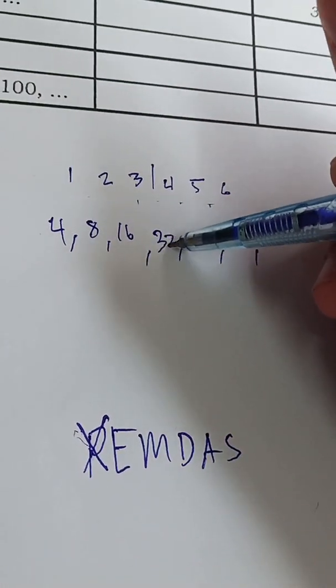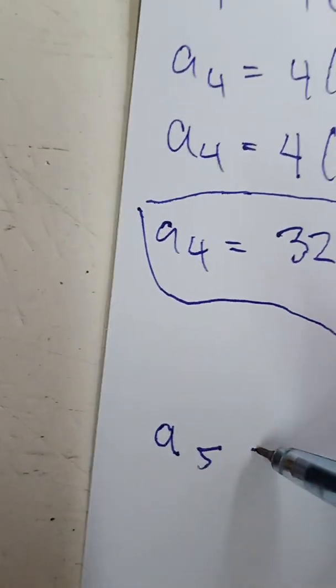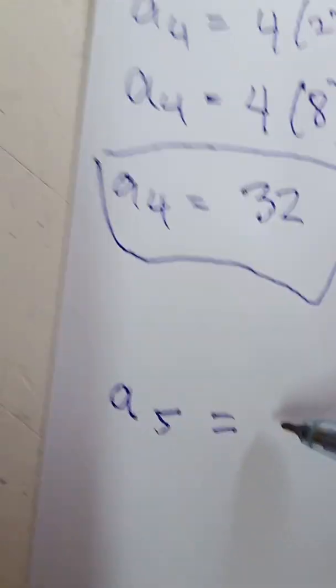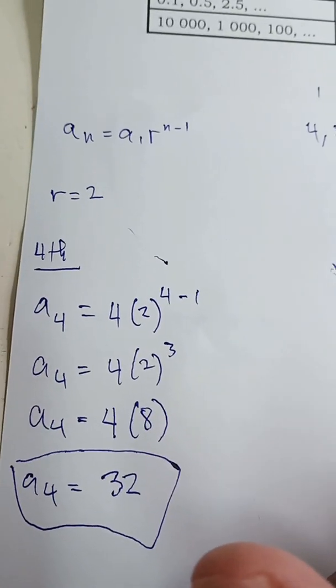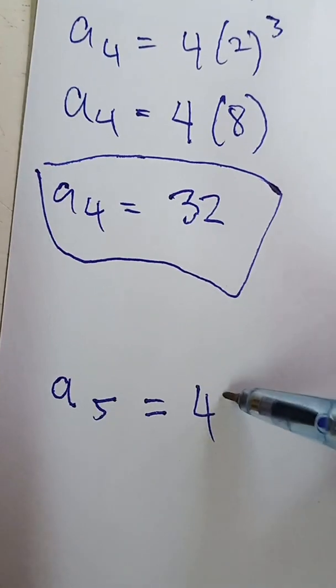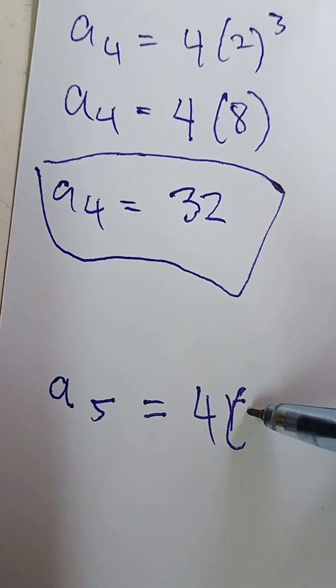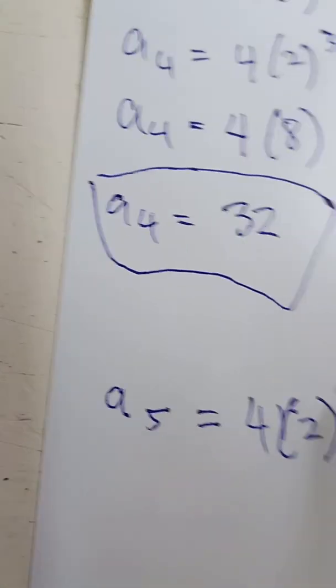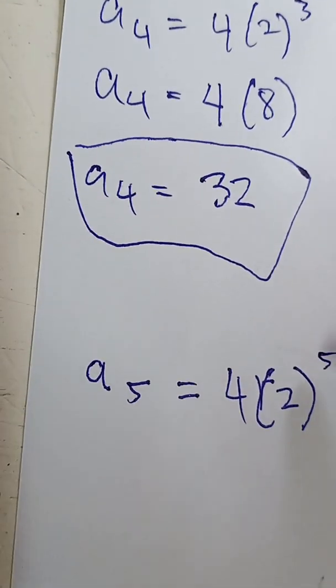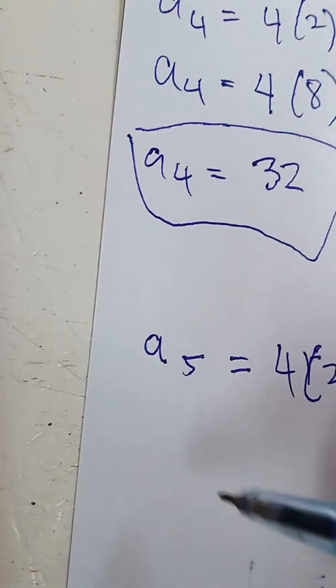This is 32. So yung pang 5, a sub 5 is equal to a sub 1, which is 4, times r, which is 2, raised to 5 minus 1, kasi 5 na yung nandito.